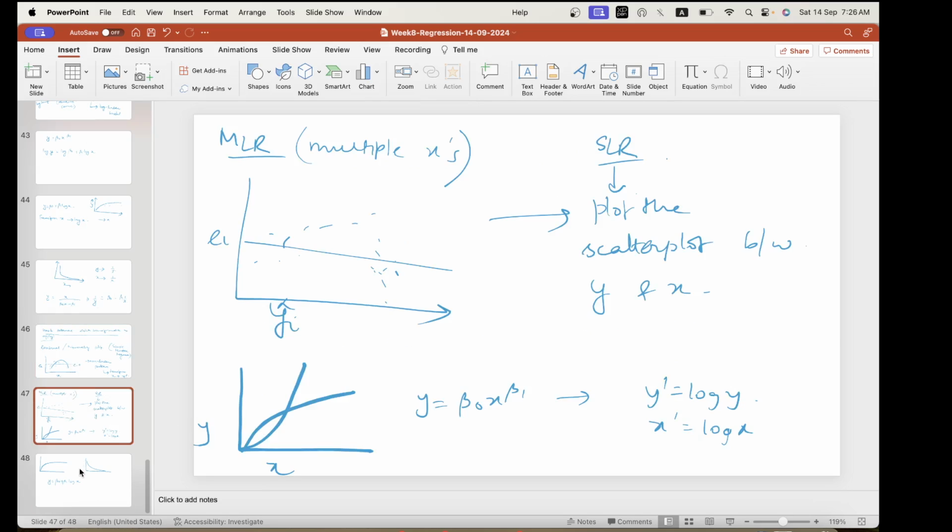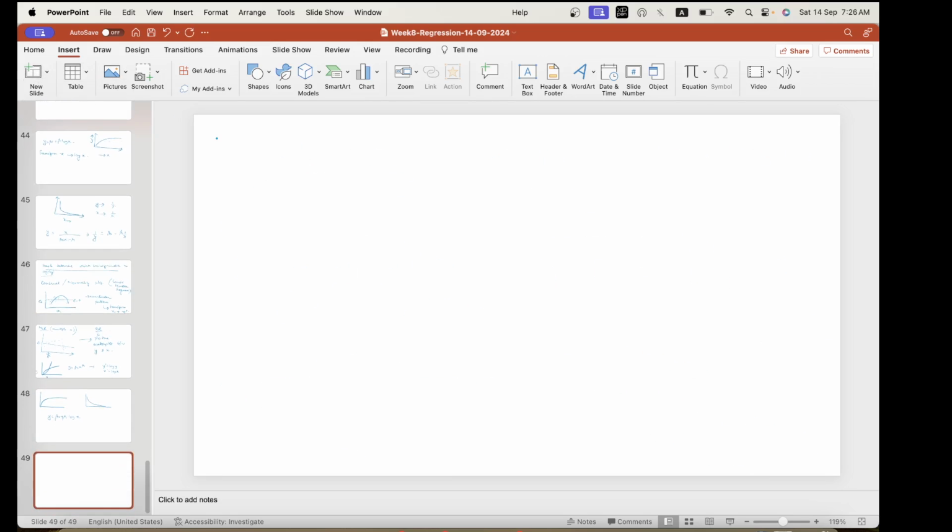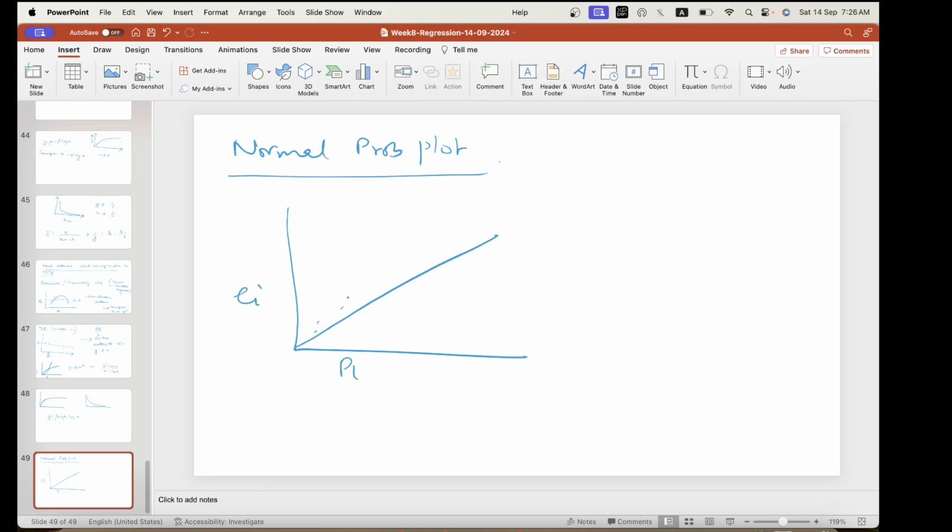But if we see some deviation from normality, so let's say we draw the normal probability plot, and we see that e_i versus p_i looks something like this, not at all falling along these two lines, then we suspect that the underlying distribution is actually non-normal, and then we inspect what it could be.